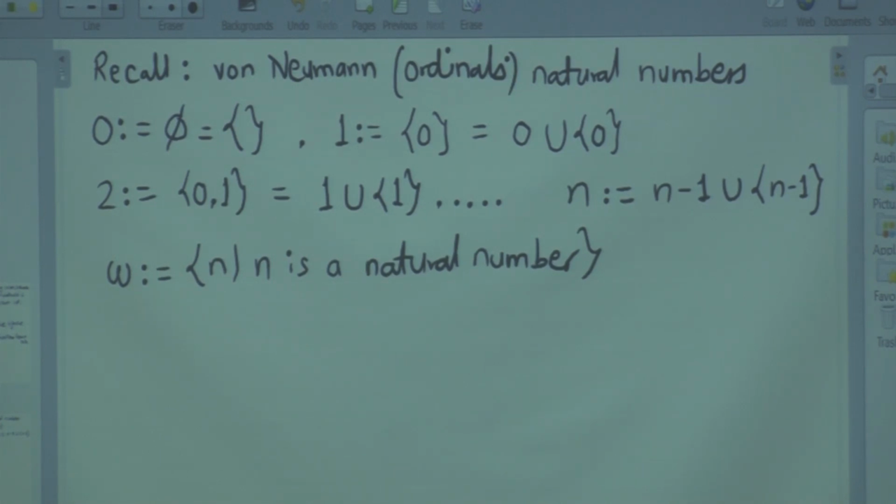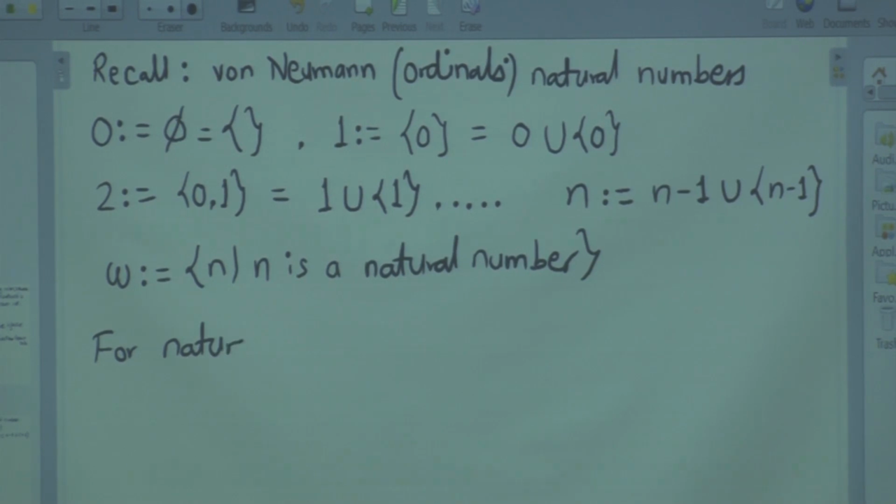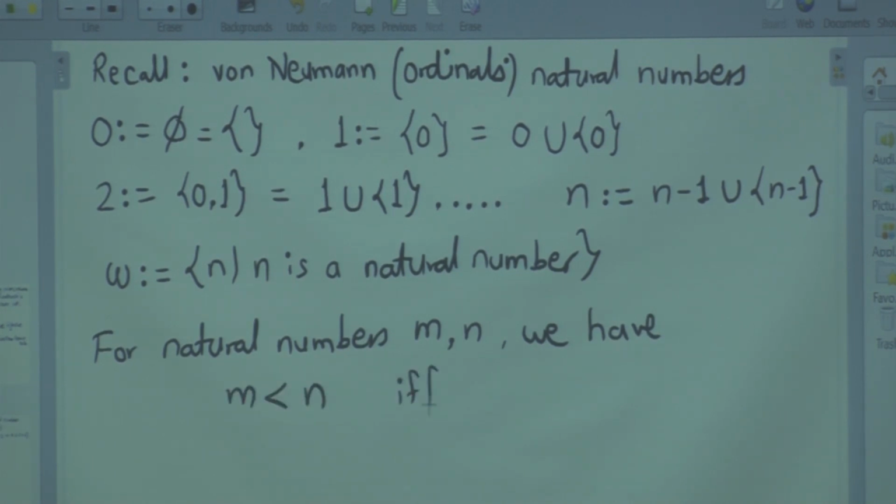So omega is just our notation for this order, and then you can observe that for natural numbers m and n, we have this very important property: m less than n if and only if m belongs to n.